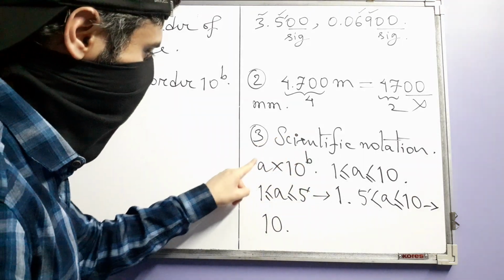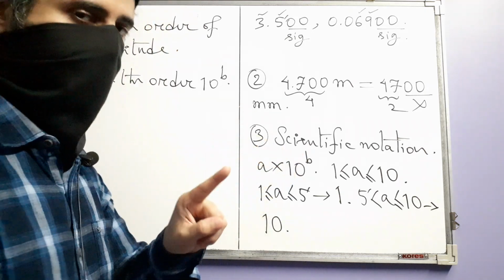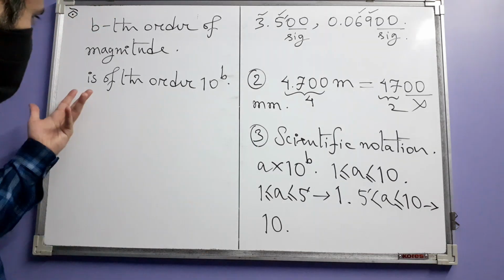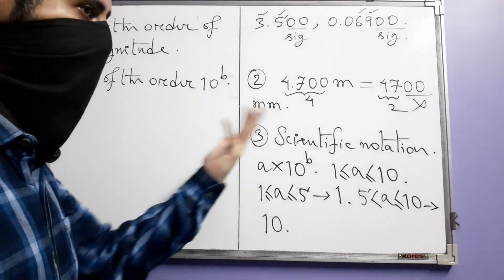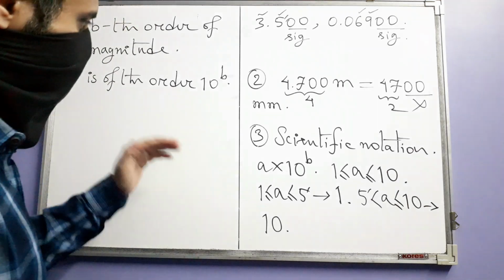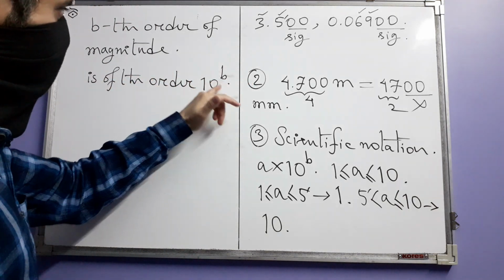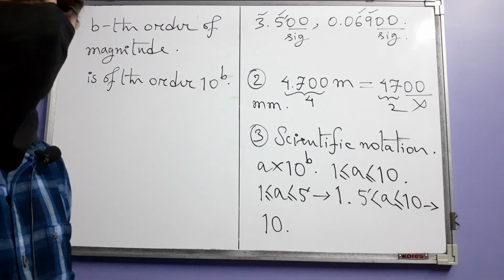Instead of saying what a is, we just simply estimate the number a times 10 to the power b with 10 to the power b. And when we do so, this is the language that we use, that the measurement is of the order of 10 to the power b, where the order of magnitude of the measurement is only that exponent b.